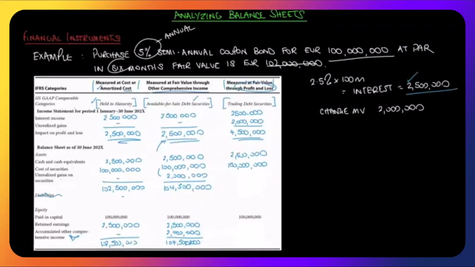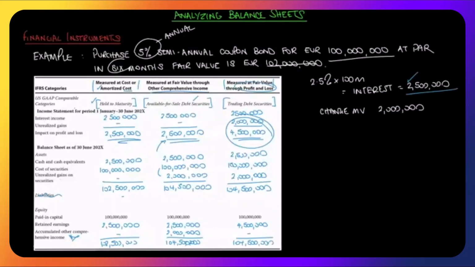Unrealized, yes, it's in the balance sheet because we took it through the income statement. We have recognized it. 104,500. And in equity, retained earnings, this time both realized and unrealized went through net income and hence hit retained earnings. Nothing went through OCI.